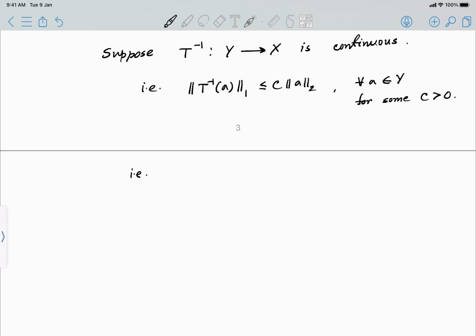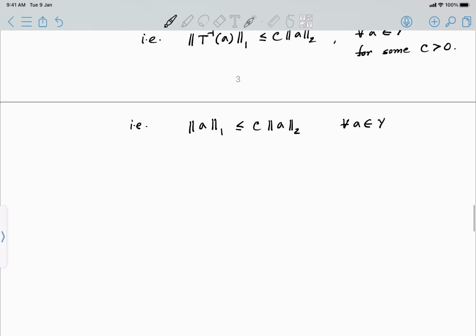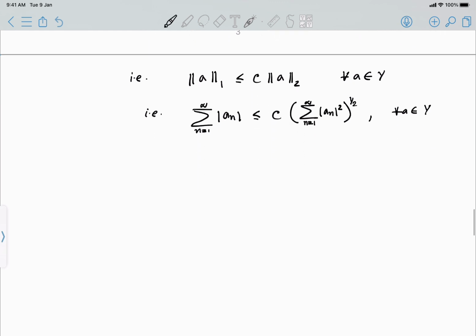As T inverse is the identity map, the L1 norm of a should be less than C times the L2 norm of a, for all a in Y. So we will show that this is not possible.